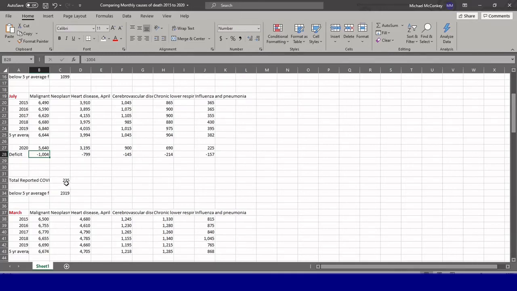The total COVID death count in July was only 235 people in Canada, but the deficit, and you know what I mean by deficit now, was 2,319. 2,319 fewer people died of cancer, heart disease, stroke, bronchitis, influenza, all this, than in the average of the previous 5 years compared to 2020.